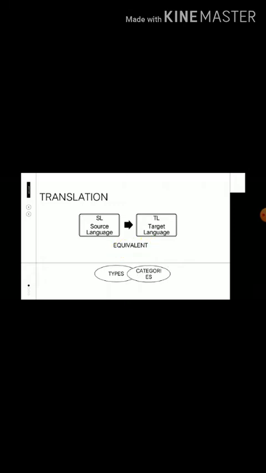There are some types and categories in translation, and we will discuss them. For the types of translation, we will discuss according to Jacobson and Catford.